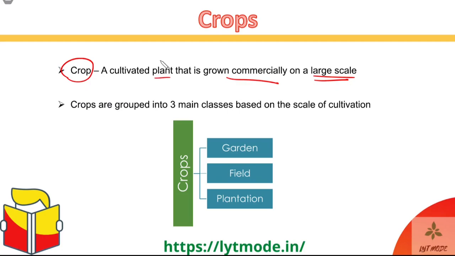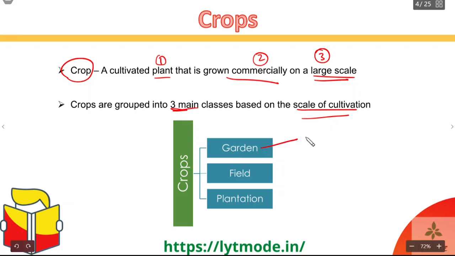There are three aspects to it. It's a plant, it's grown commercially, and on a large scale. Okay, so crops are basically grouped into three main classes, and this classification is basically done on the scale of cultivation. So on what kind of scale, how large is the scale of cultivation, on that basis crops are broken down into three major classes.